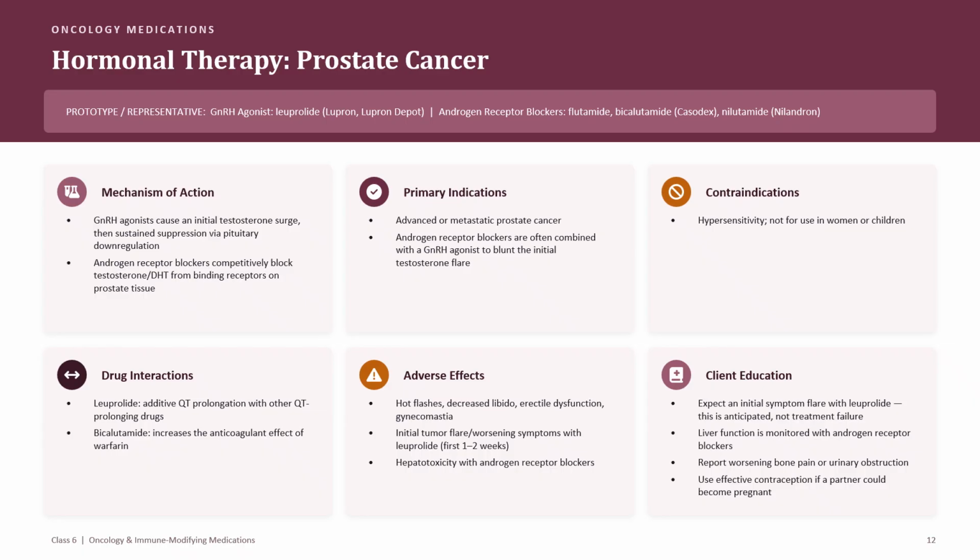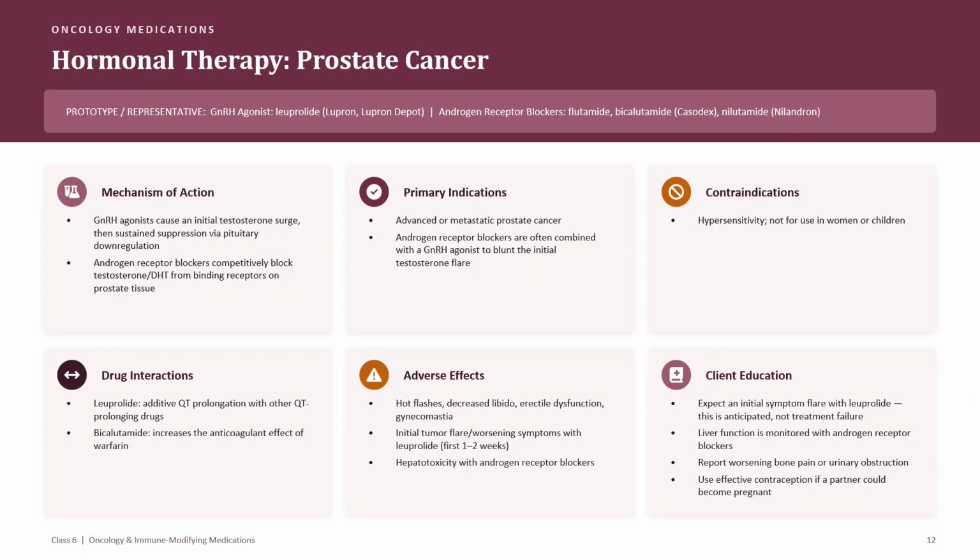So that's a major teaching point that we want to educate our patients who are taking this hormonal therapy for prostate cancer. The way that the medication works is that it causes that initial surge of testosterone before the pituitary gland gets overstimulated and shuts down the production.